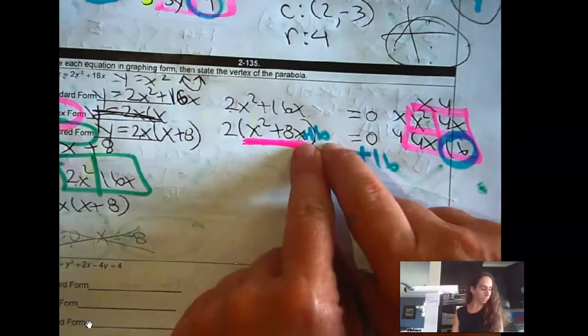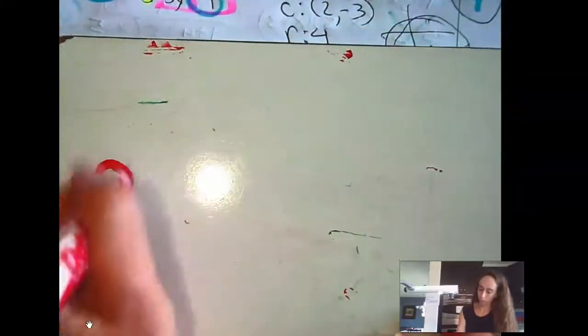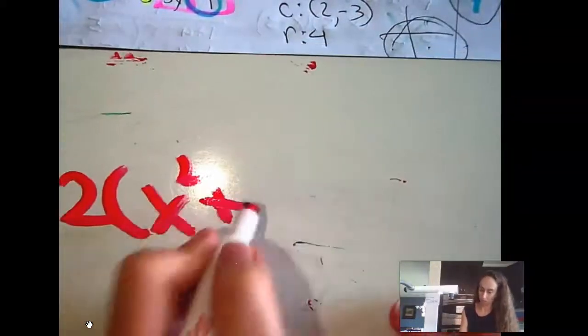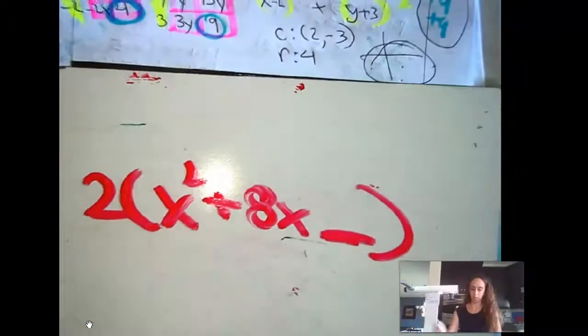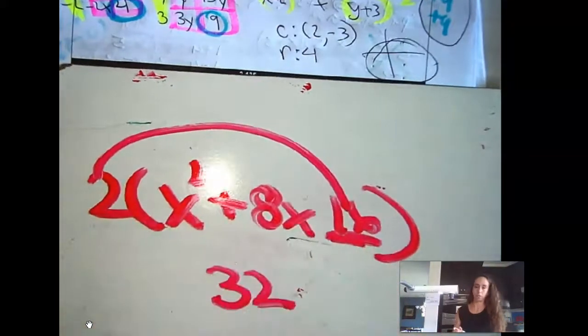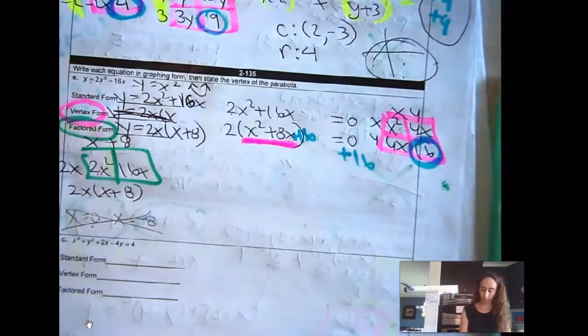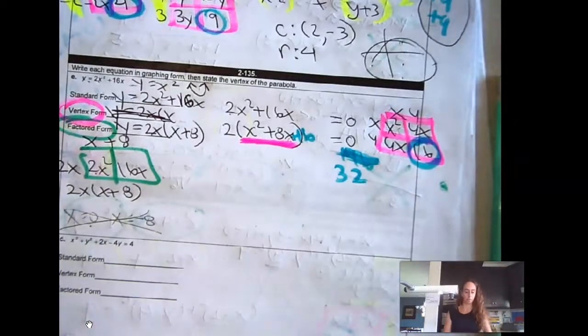Because if I added the 16 in here, I really should have made that a little bit more clear. I'm so sorry. What I'm really doing is putting the 16 in there, which really means I'm adding 32 to both sides. Okay? So that means I need to really be adding 32, so it's even.